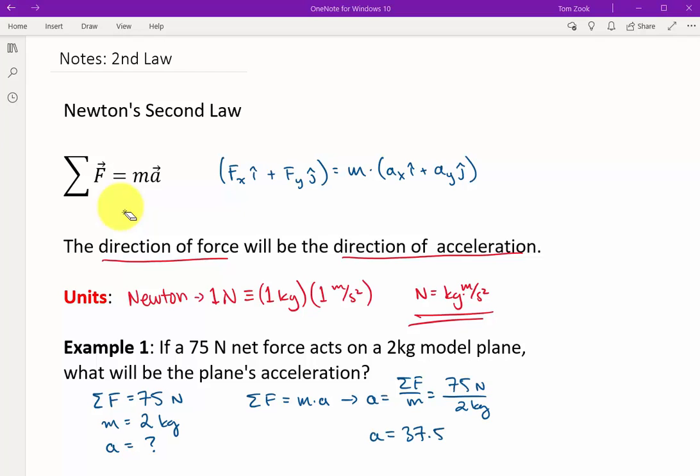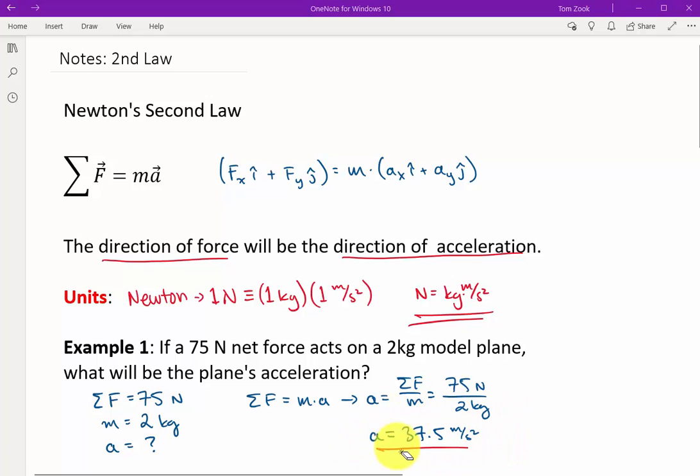Now the units here, we know for acceleration are supposed to be meters per second squared. But if we took that unit for newtons that we have and we divided it by the kilograms as we have in our example problem, the kg would cancel out and we'd be left with meters per second squared, which is exactly what it's supposed to be. So that would be our acceleration rate for this model plane.